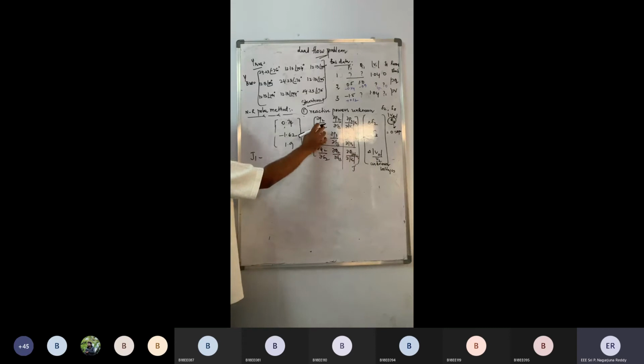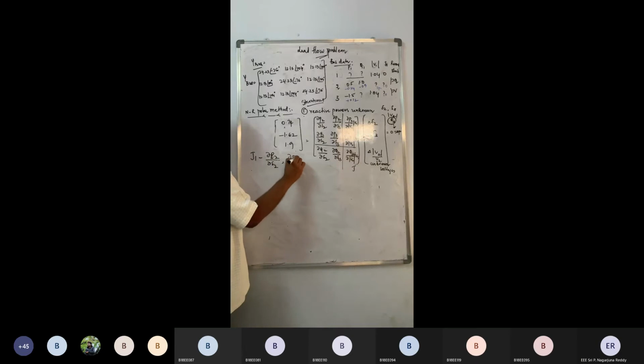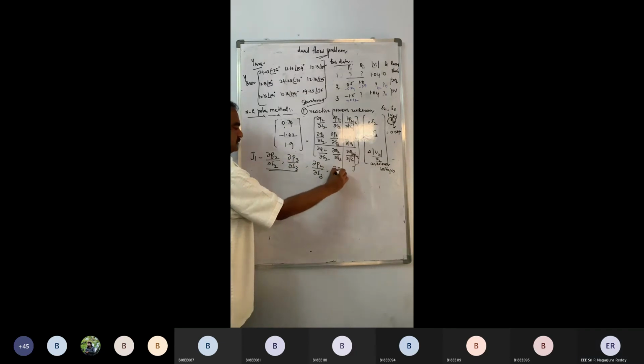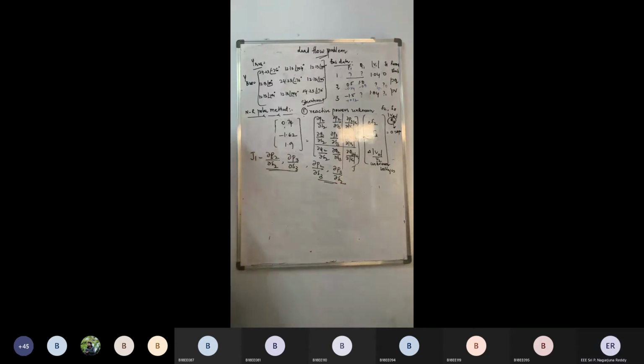You will require 4 elements. These two are of one kind, 3 with respect to 3, 2 with respect to 2. And there is another set, which is 2 with respect to 3, 3 with respect to 2.